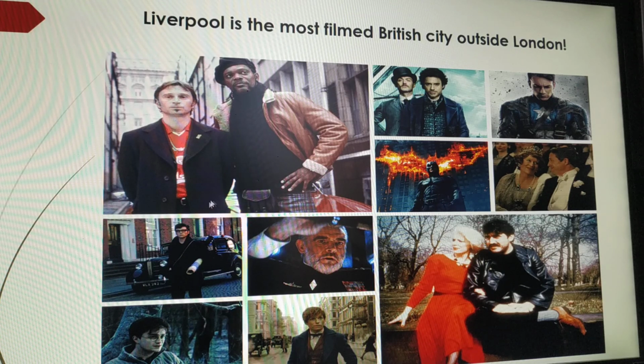I hope that you have seen the pictures and you have understood what films were shot in Liverpool. And of course, Liverpool is famous for the Beatles, a legendary band, famous all over the world.